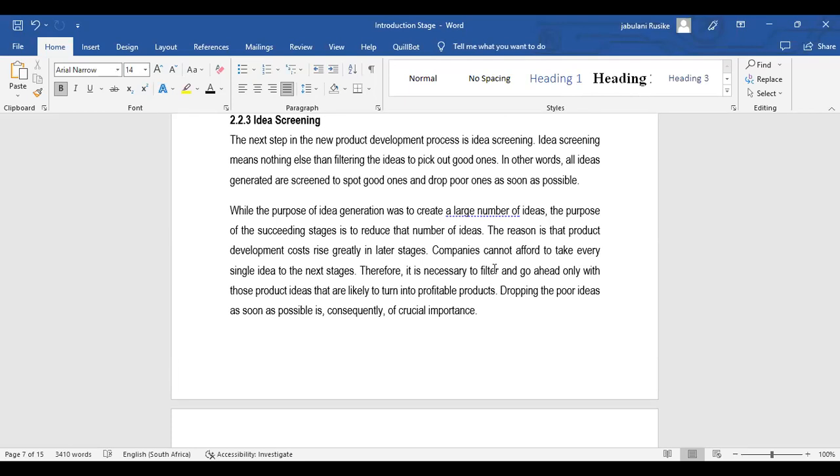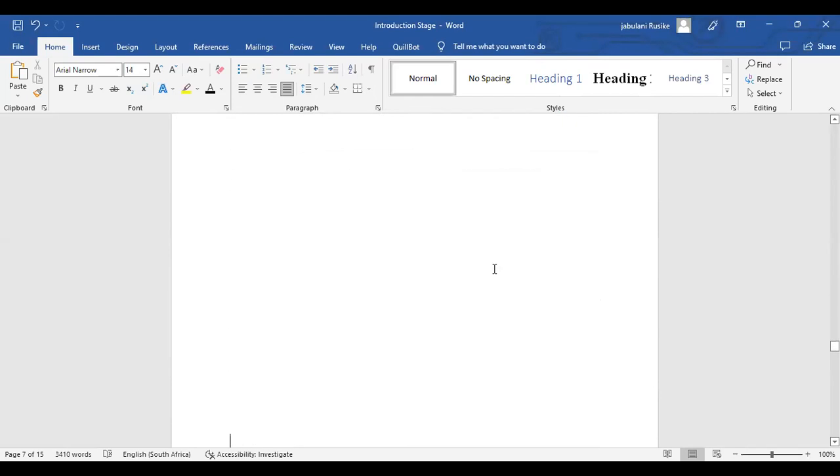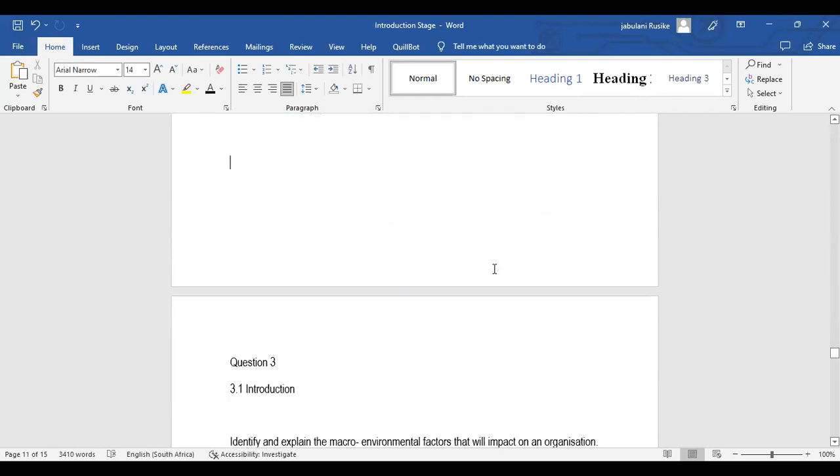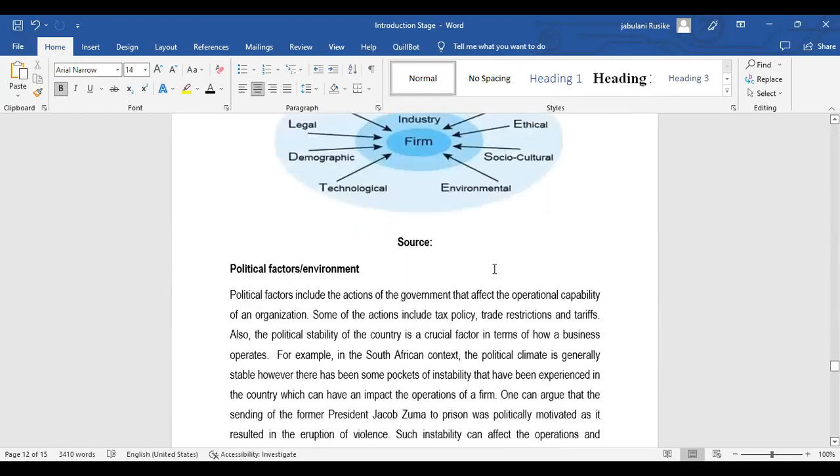I've noticed that when you answer the questions, it's like you were busy putting in the diagrams. Is it crucial? Must we always include them? Where did you get this one? The last one that we were doing, I'm trying to check in my study guide. Well, it's not as crucial, but I think it adds to your presentation.